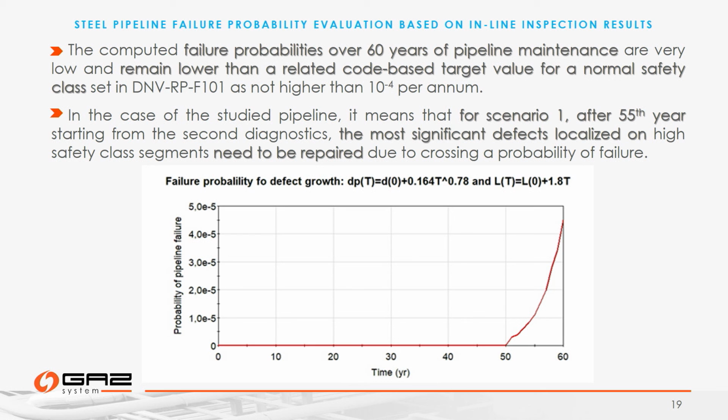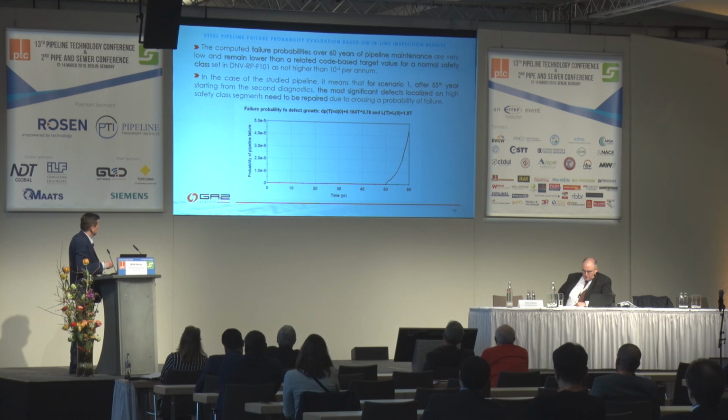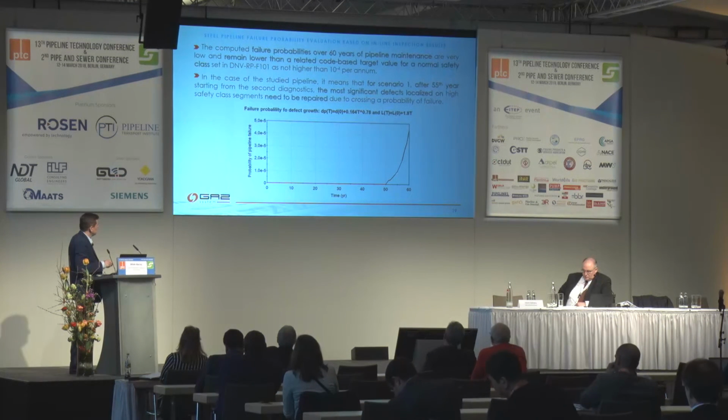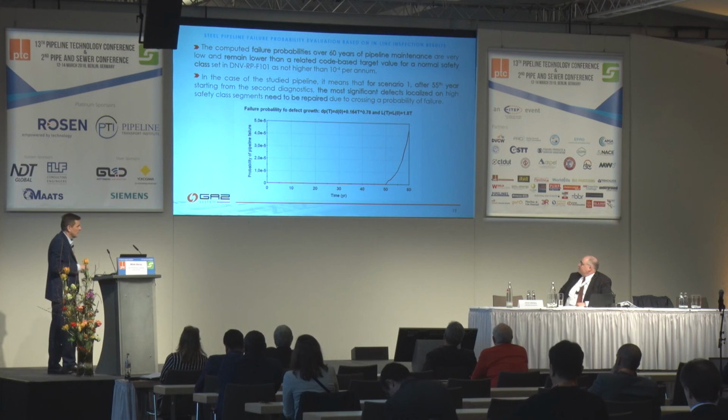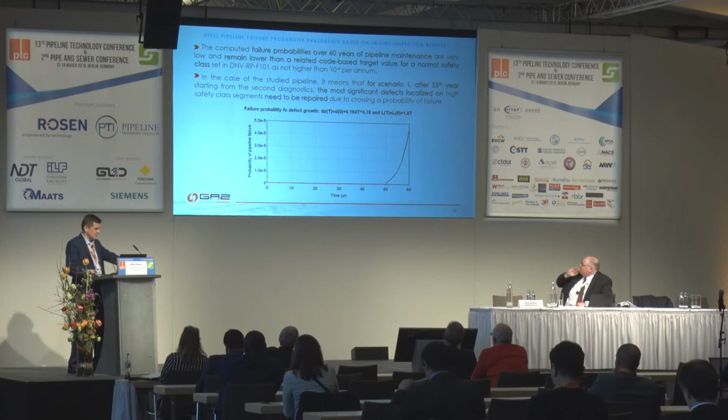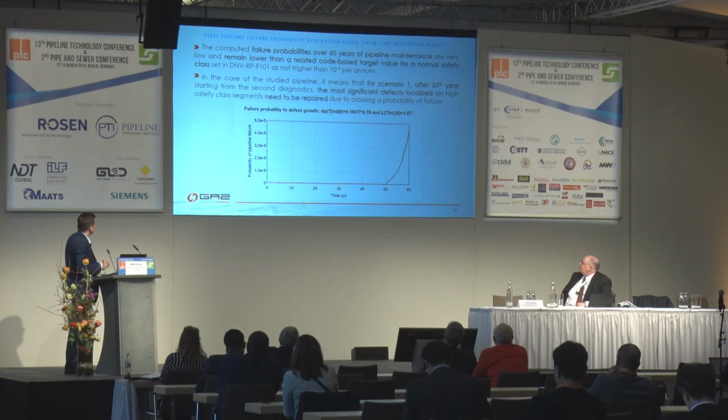And in 55 years of pipeline operation, it is crossing the target failure probability. This is the point set in DNV for high consequence areas, also for safety class high.